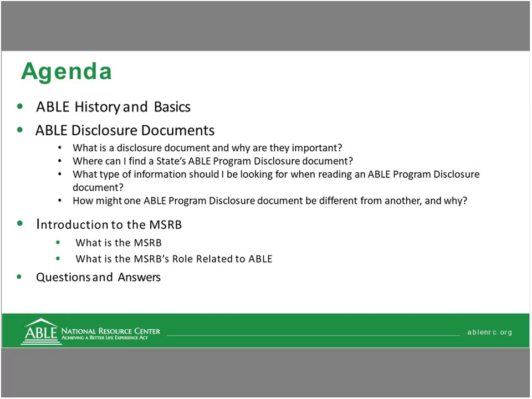We're going to discuss where you can find a state's ABLE program disclosure document in general. We're going to talk about what types of information you should be looking for when looking through an ABLE program disclosure document. And we're also going to be talking about how one ABLE program disclosure document might be different from another state's ABLE disclosure document and why that is.